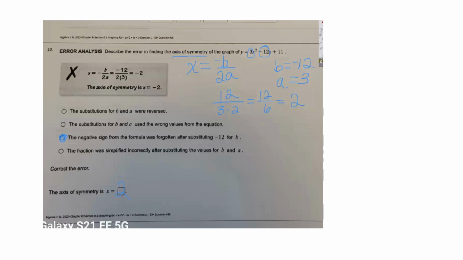Got it? Yep, the negative sign was forgotten, and corrected it. The axis of symmetry is indeed x equals 2, like we said. All right.